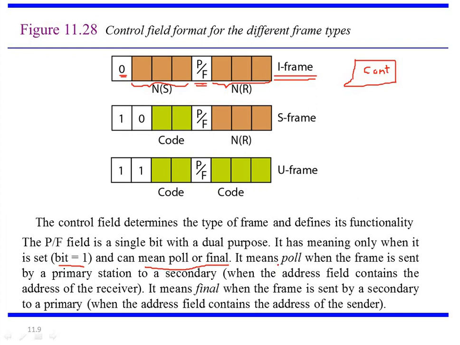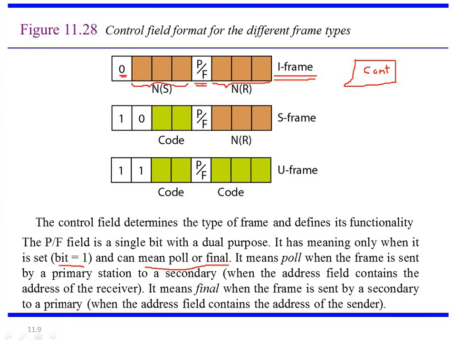What does poll mean? A poll is when a frame is sent by a primary station to a secondary station, that is when the address field contains the address of the receiver. And final means when the frame is sent by the secondary to the primary.